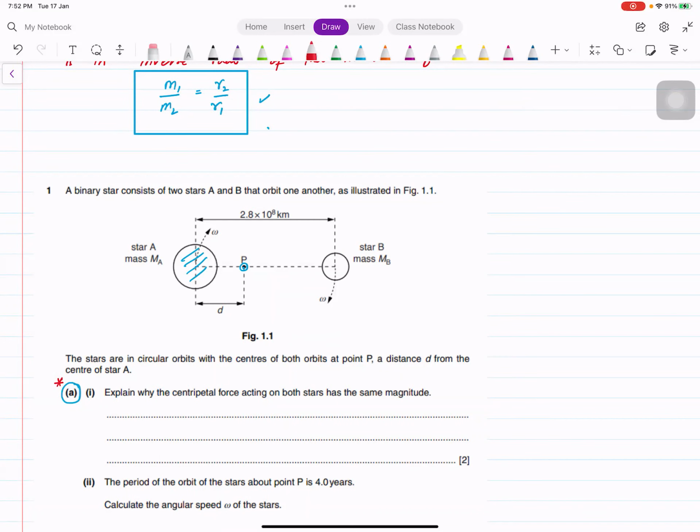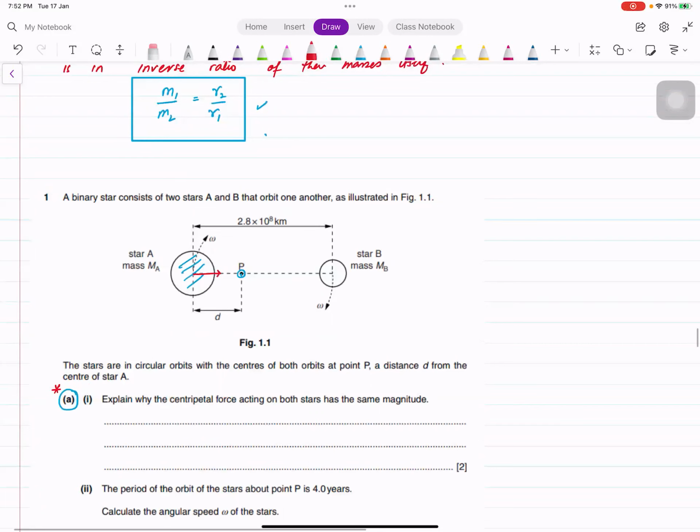It is the correct answer. The only reason why they will have the same forces between them is because they are being attracted by, first of all, the law of gravitation, so you can say gravitational force. This will give you 1 mark.